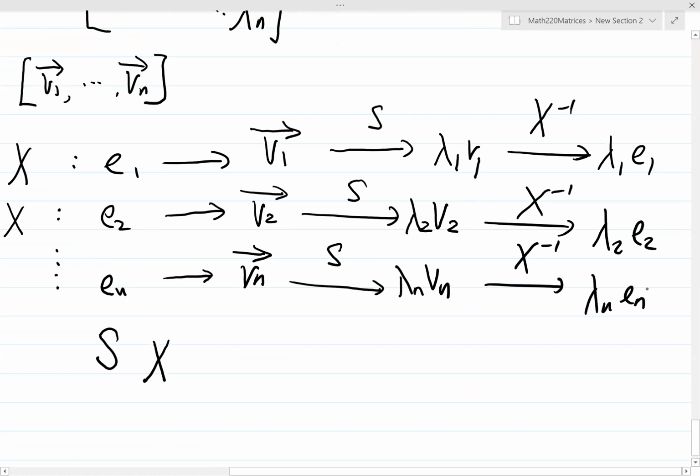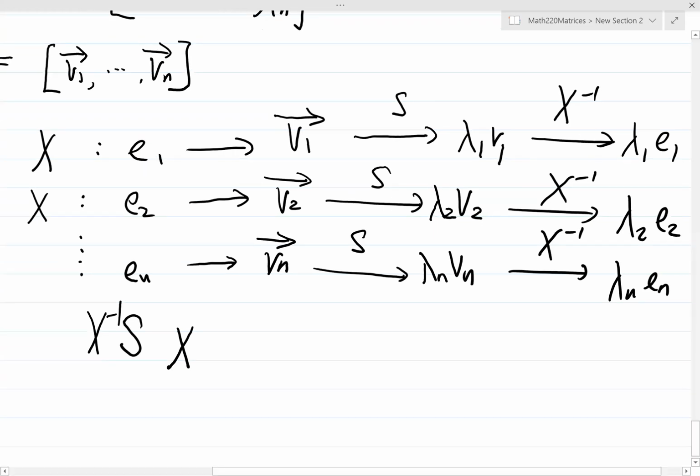What we finally get is that we apply X, then S, then X inverse. The letter on the right does its action first, and the letter on the left does its action last.